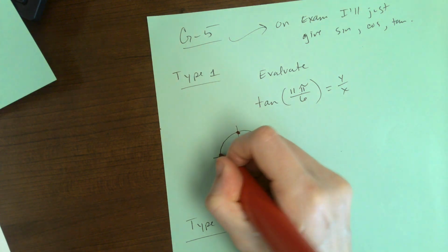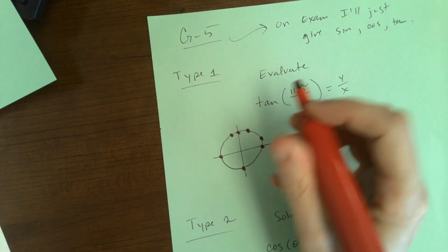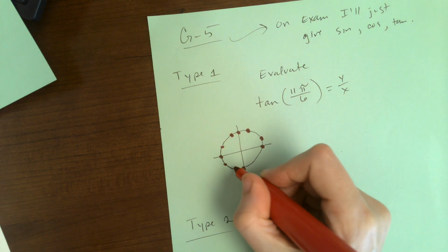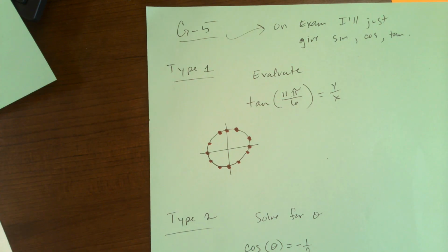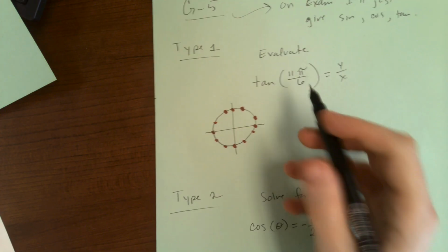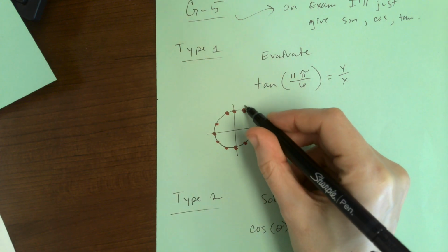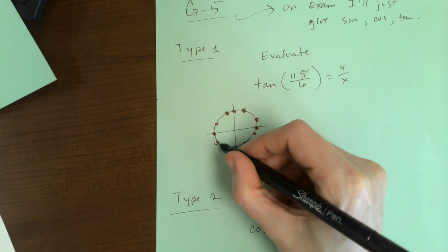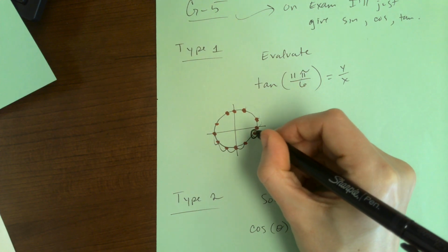I'm putting these dots on. So there's all the dots. 11 pi over 6. So I start, this is always the start. 1, 2, 3, 4, 5, 6, 7, 8, 9, 10, 11. Okay, so I'm landing here.